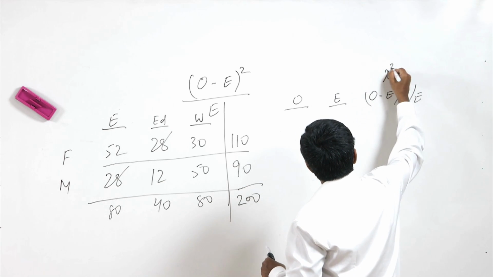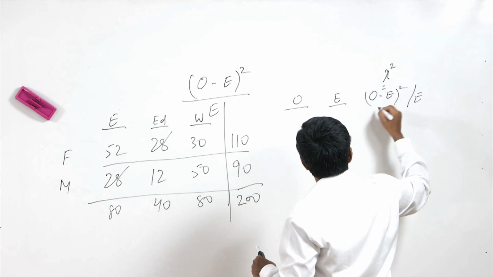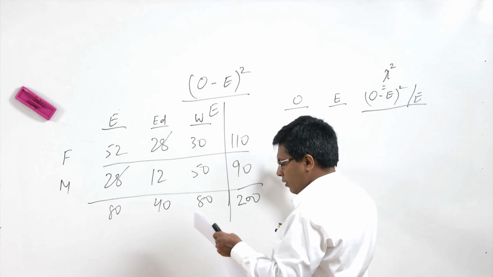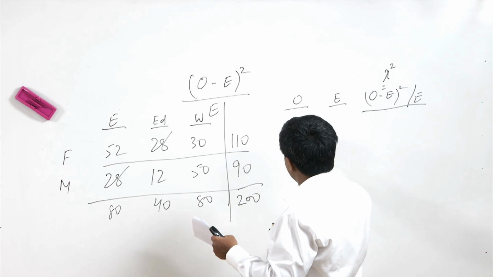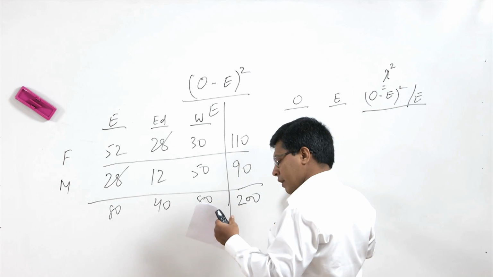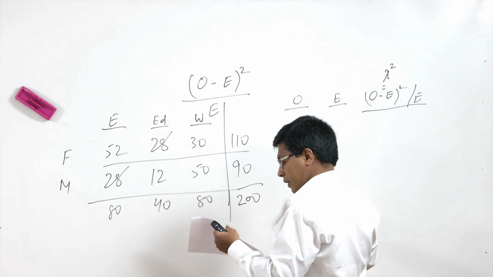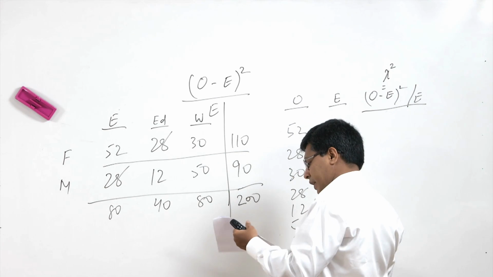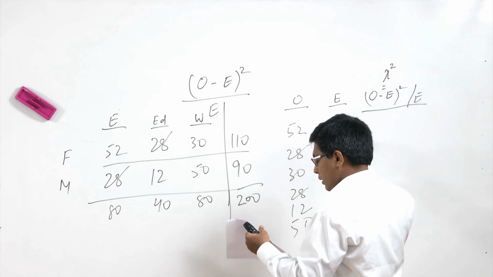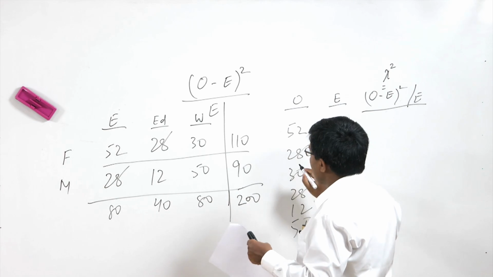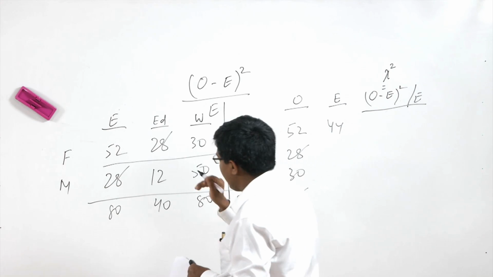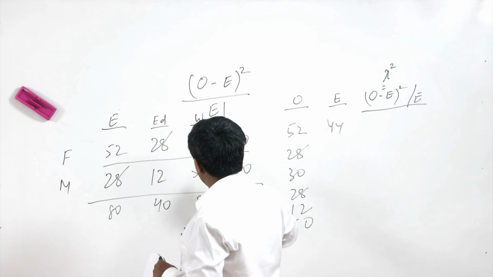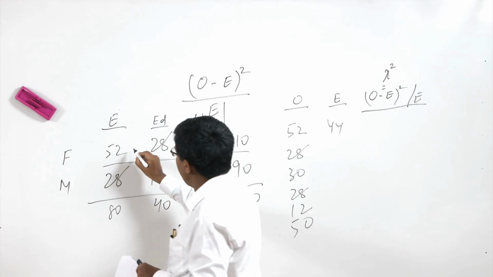So, chi-square is equal to the sum of this. I am writing the observed values 52, 28, 30, 28, 12 and 50. Now let us calculate the expected values.